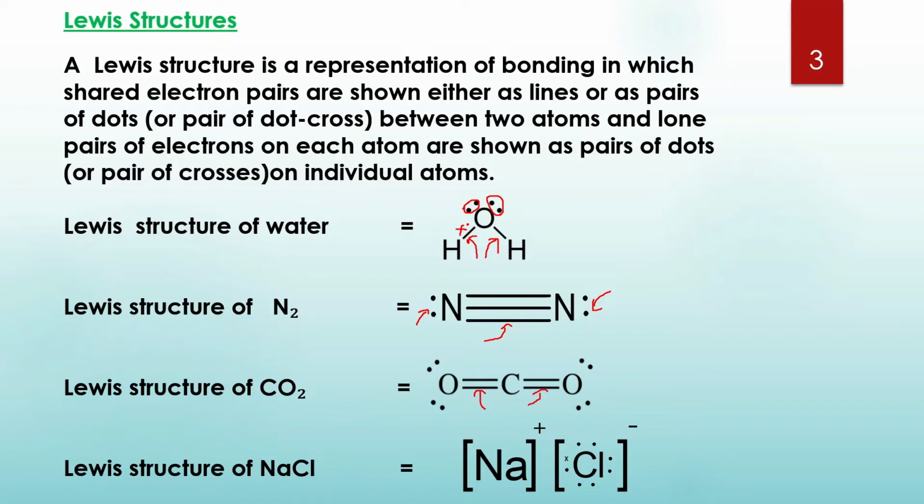And the final example, sodium chloride, which is an ionic compound. In this case, sodium gives one electron to chlorine. That is the electron here, the X that is shown here. That is the electron that sodium gave to chlorine, and chlorine accepts that electron, and due to the electrostatic attraction, a bond is formed.